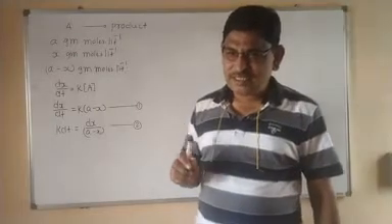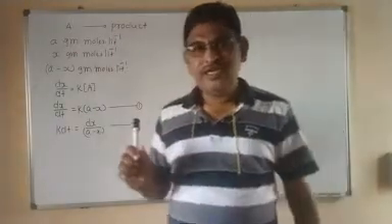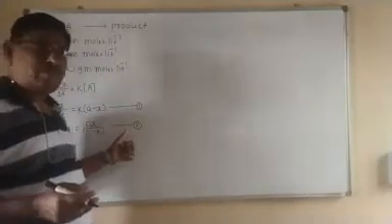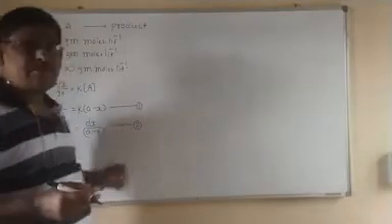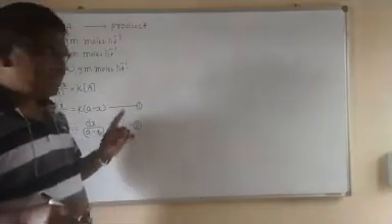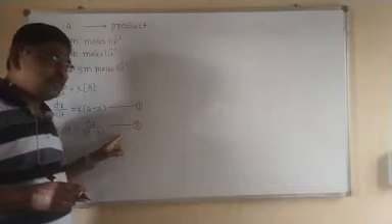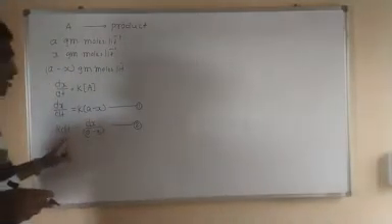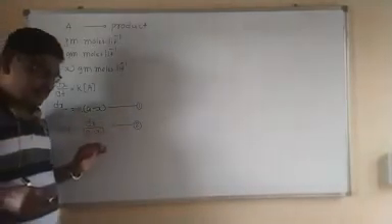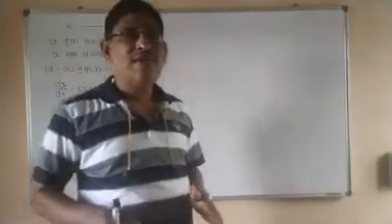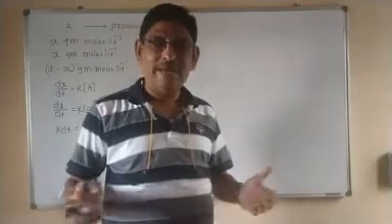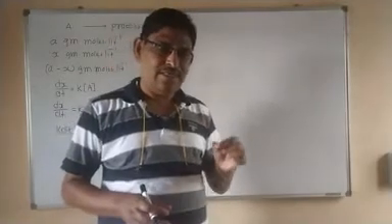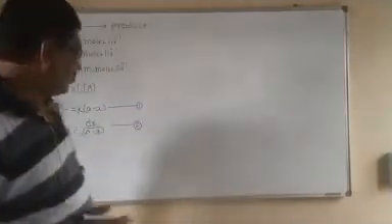The question arises: why do we integrate this equation, or what will happen if we do not integrate this equation between proper limits? If we keep this equation as it is, then it is applicable only at instant small t and concentration a minus x. In order to have wide applicability over a wide range of concentration, the equation has to be integrated between proper limits.